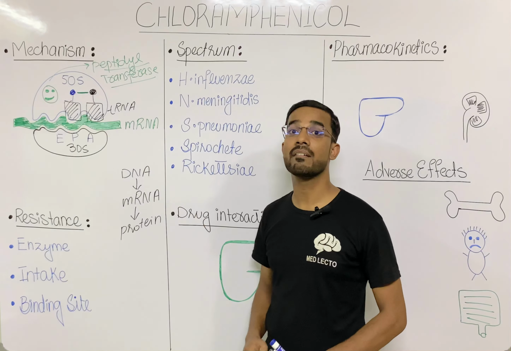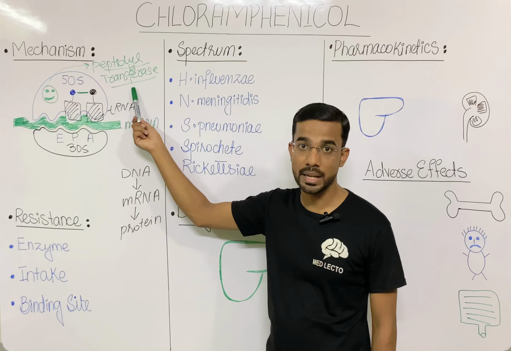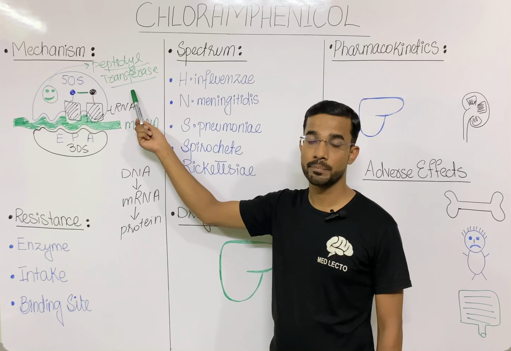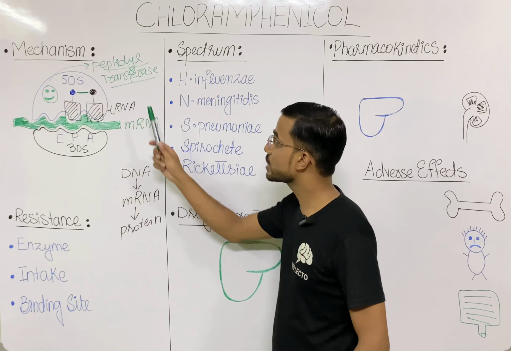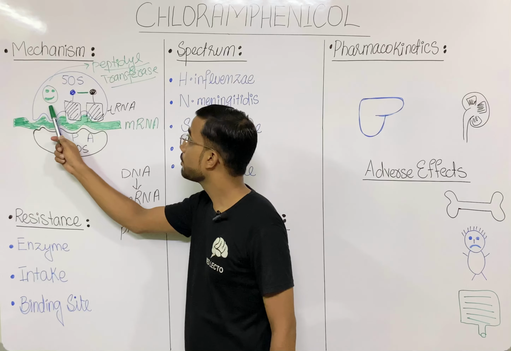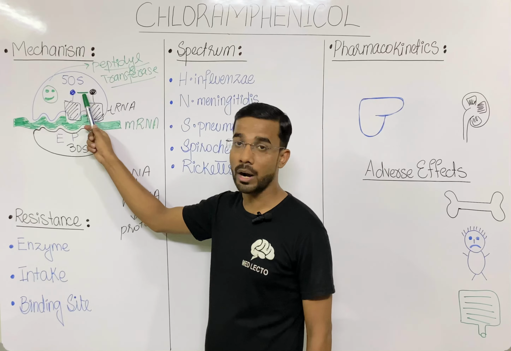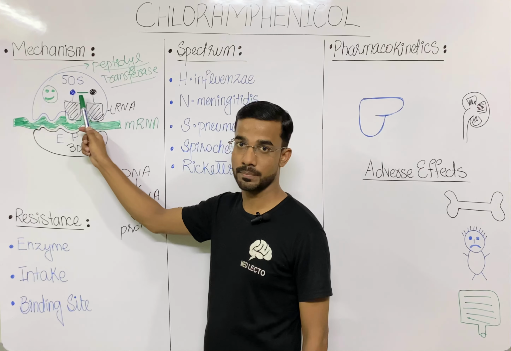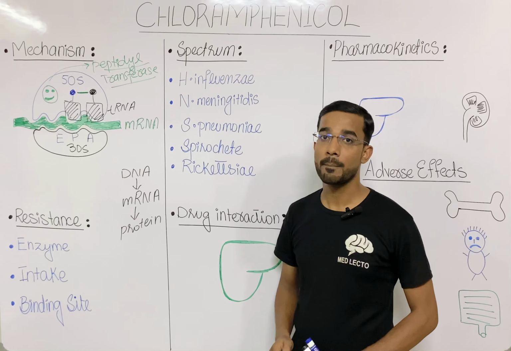It is actually a ribozyme because it is made up of RNA, not protein, whereas enzymes are made up of proteins. This peptidyl transferase makes the bond between the different amino acids. That is the normal process happening in the bacteria.